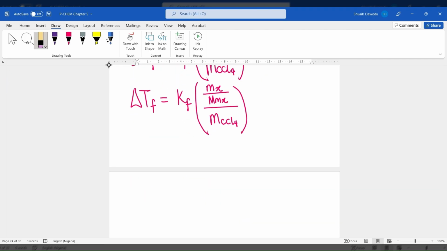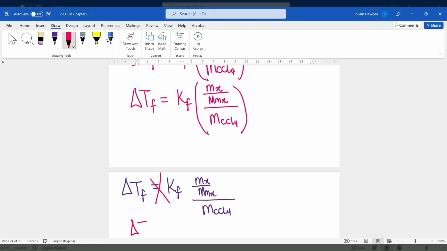So rewriting the formula in terms of molar mass, we have change in T sub F is equal to K sub F times m sub X divided by MM sub X, divided by m sub CCl4. So let's cross multiply.